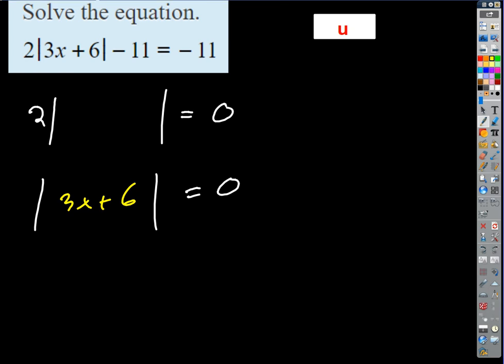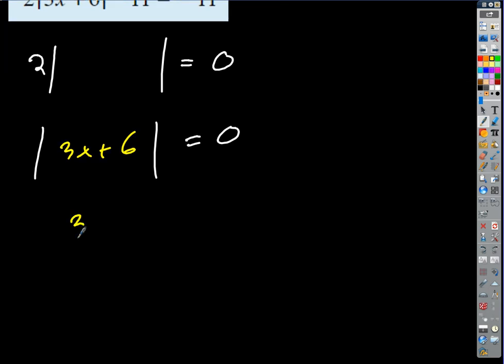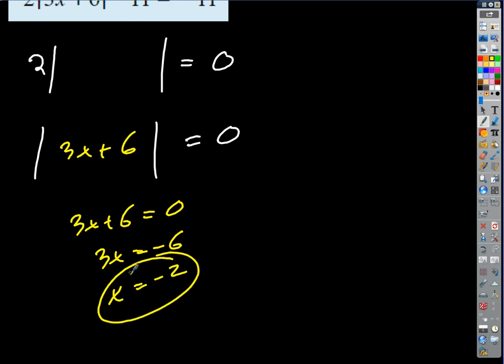So we get one simple solution this time. 3x plus 6 equals 0, so I can subtract 6, divide by 3, and get x equals negative 2. Right?